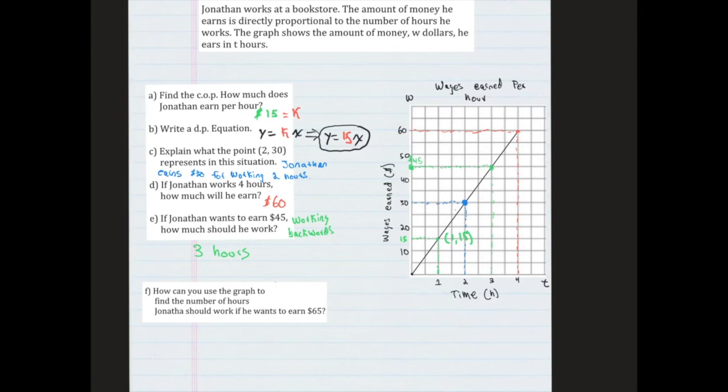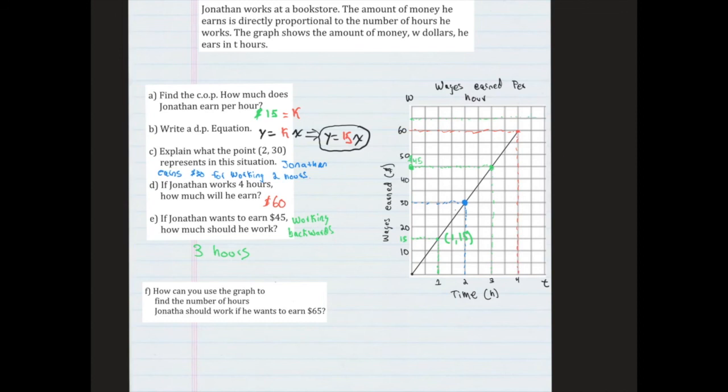Okay. How can you use the graph to find the number of hours Jonathan should work if he wants to earn $65? So it's kind of like explaining what we would do for E. When we go to the graph and we look backwards, all you would have to do is put your point at 65, right? Then go over and you'd want to extend the line.